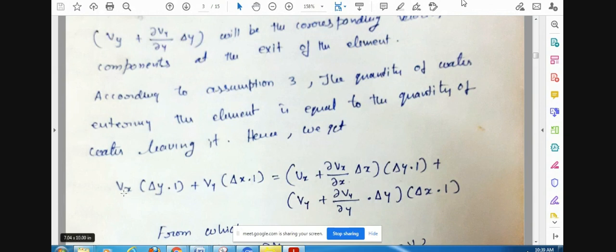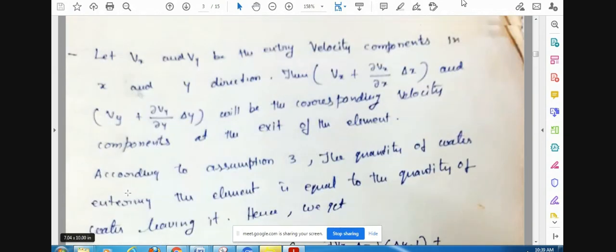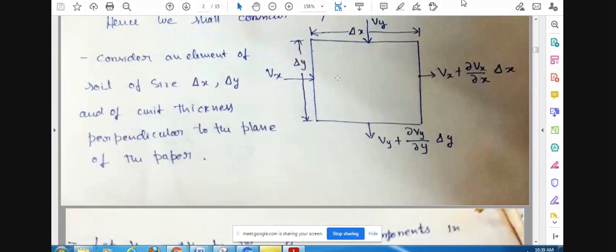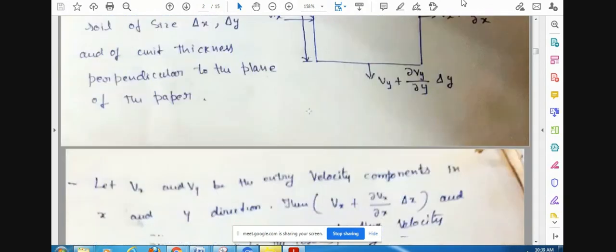So in the x direction, the seepage entering is equal to velocity Vx times the cross-sectional area of this element, which is delta y into 1 unit perpendicular to your screen. Therefore, Vx into delta y into 1.